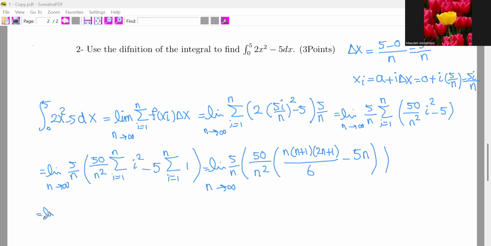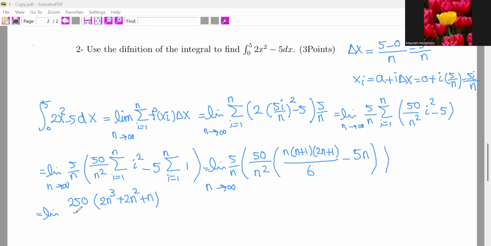So the limit of 5 times 50 is 250. And if you multiply n and n plus 1 and 2n plus 1, you get 2n cubed plus 2n squared plus n.